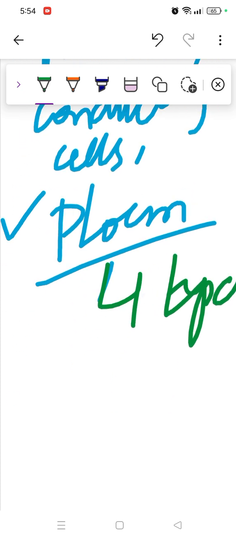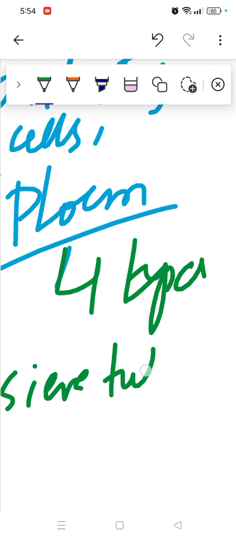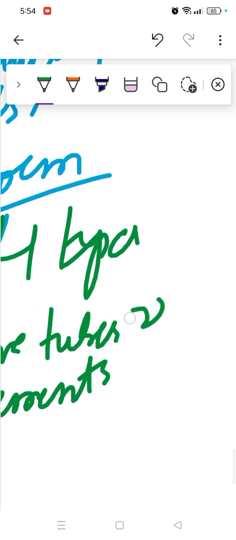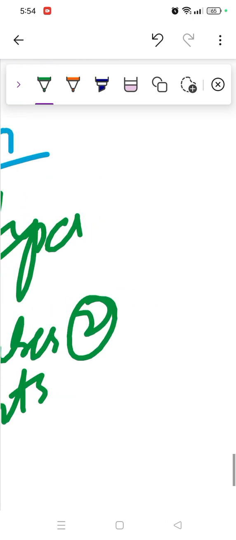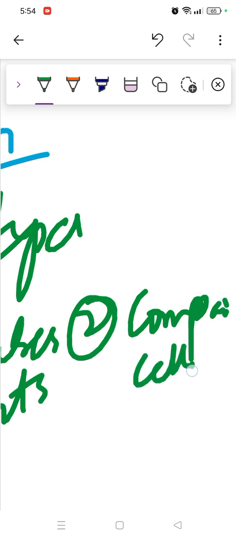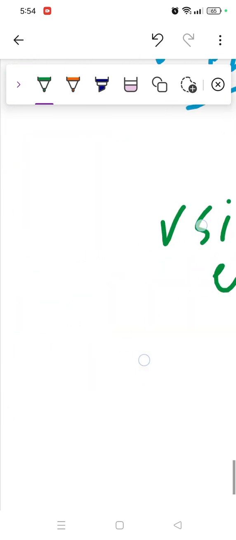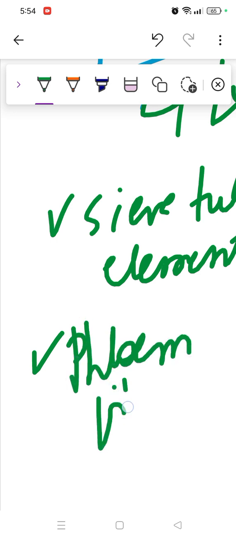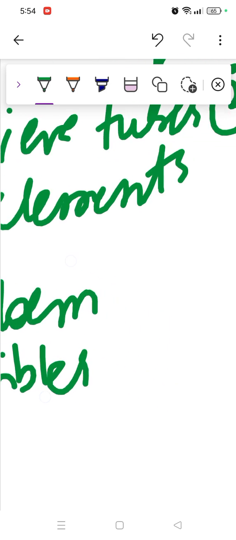First one you will see would be sieve tube elements. Second you'll see would be companion cells. Third one would be phloem fiber, which is also called a dead cell.